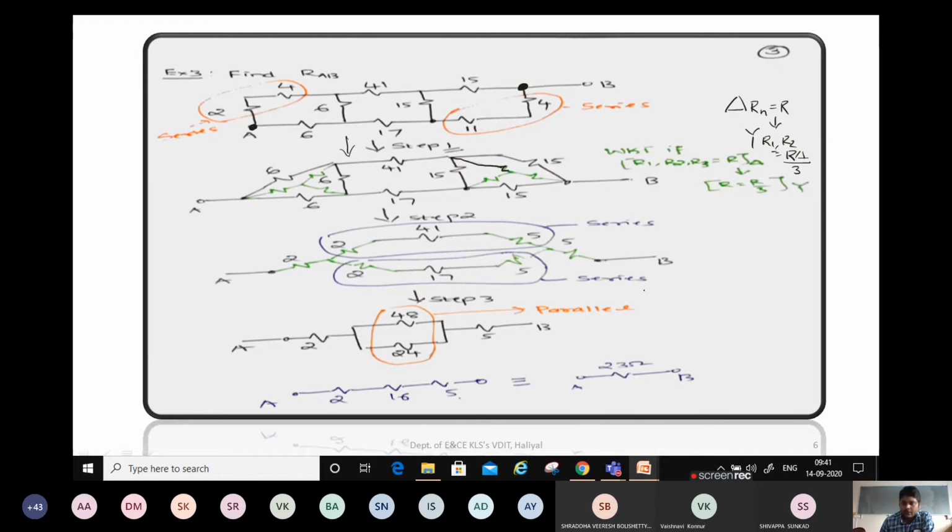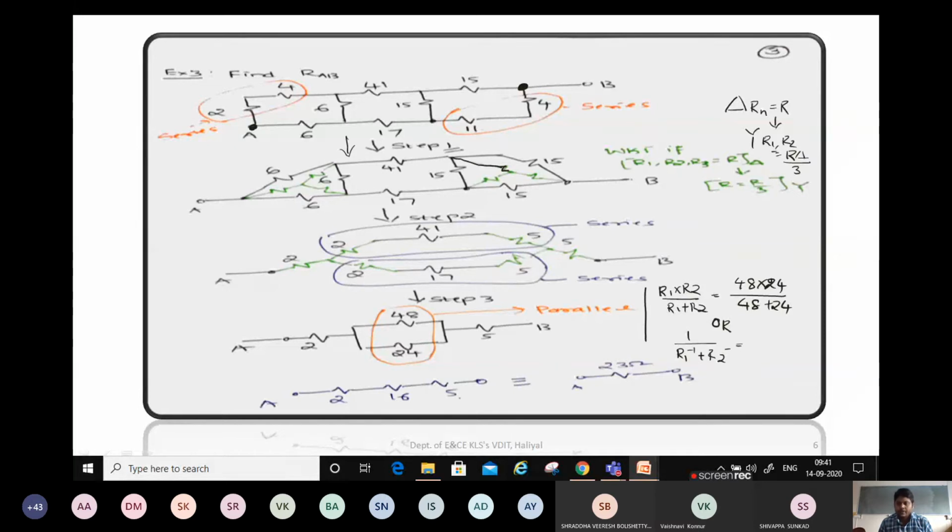There is a simple trick here for calculating the parallel. Usually you do R1 into R2 divided by R1 plus R2. That is fine, no issues. If you go for the calculator, you will do 48 into 24 divided by 48 plus 24. Instead, this can be expressed as 1 divided by R1 inverse plus R2 inverse.